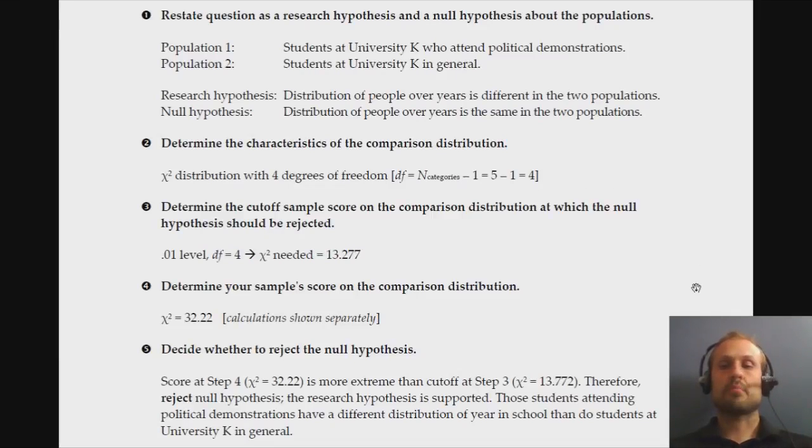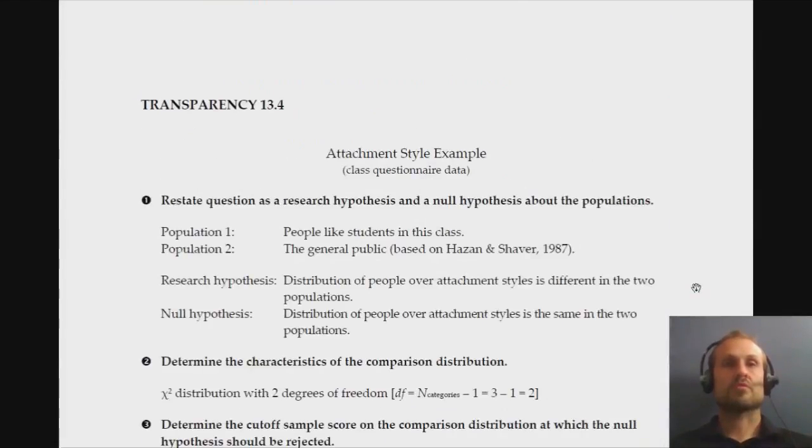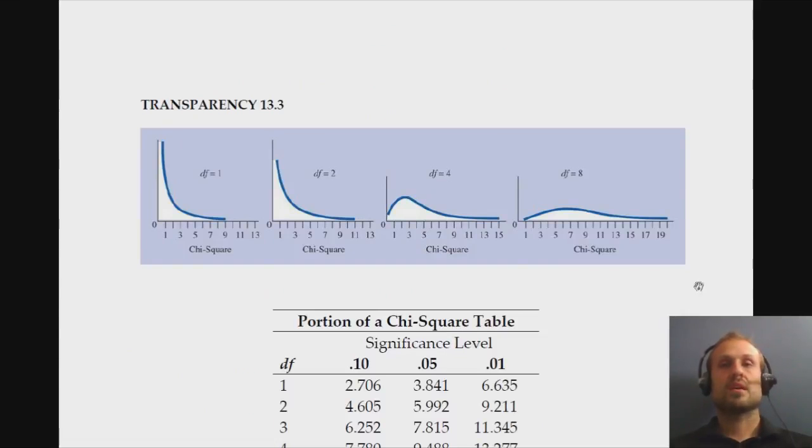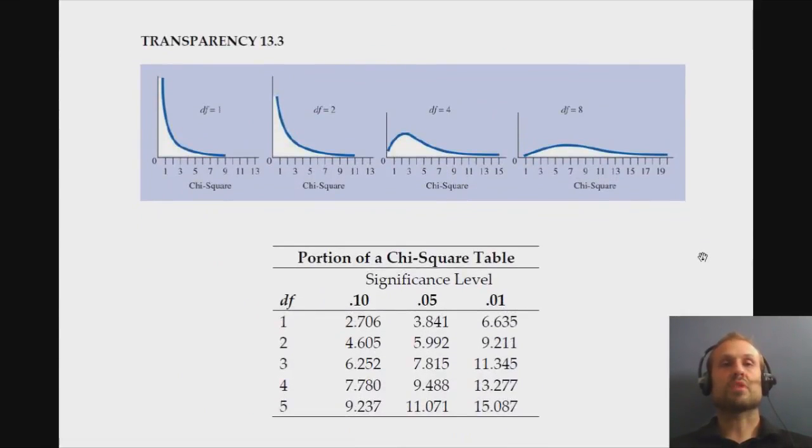Let's just take a step back and talk about the chi-squared distribution for a second. For slide number 3, if I took samples of 300 over and over and over again and got that numerical measure and looked at how those numbers range from 0 all the way up, I'm going to get this type of distribution. Depending on how many categories I have, the shape looks different. So in this case, we're over here.